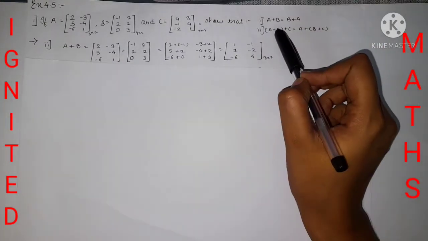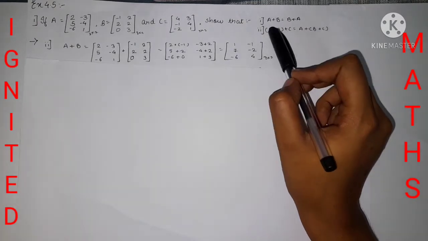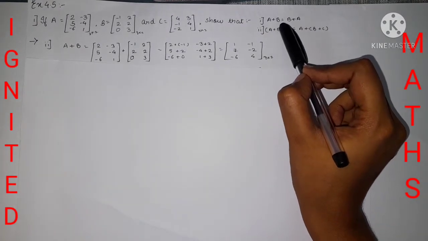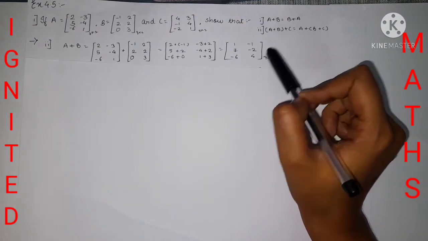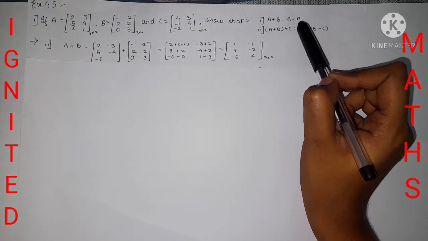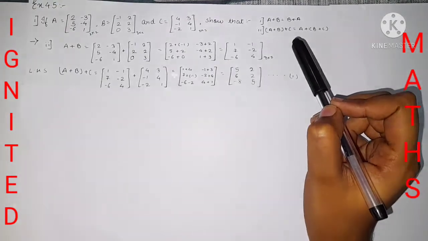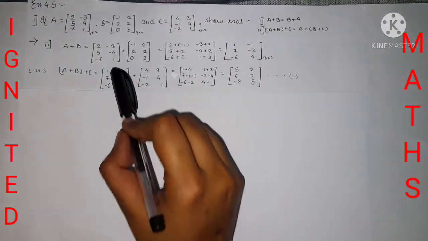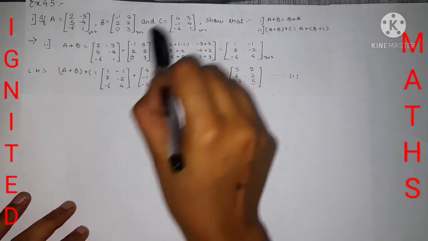Now at the LHS, the first part, the bracket part, is over. Now we need to add the A plus B matrix that we have got over here to the matrix C. So A plus B I have written over here and C over here.